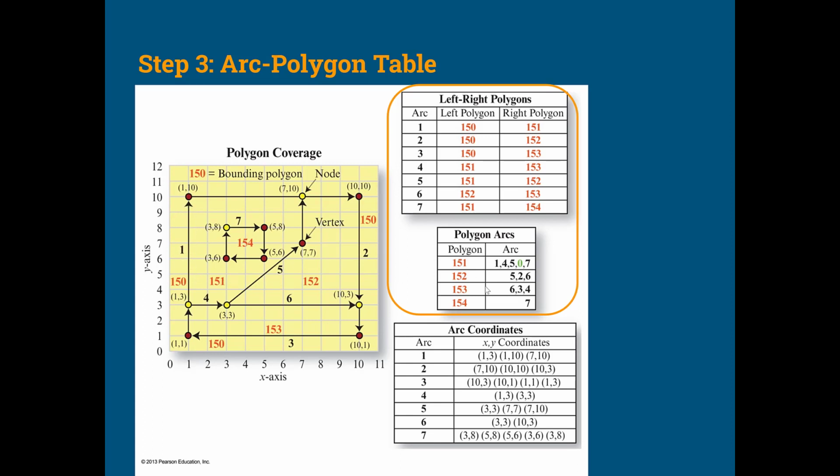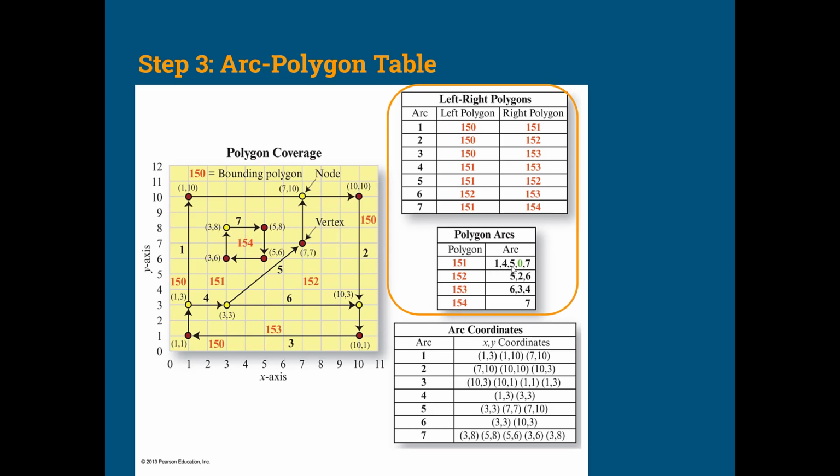And then for each polygon and arcs, take polygon 151, you can use the arcs to help define the polygon. So you can see 151 is this polygon. We have arc number 1, arc number 4, arc number 5, and arc number 7, which is a hole, an inside, a hole in this polygon, right?